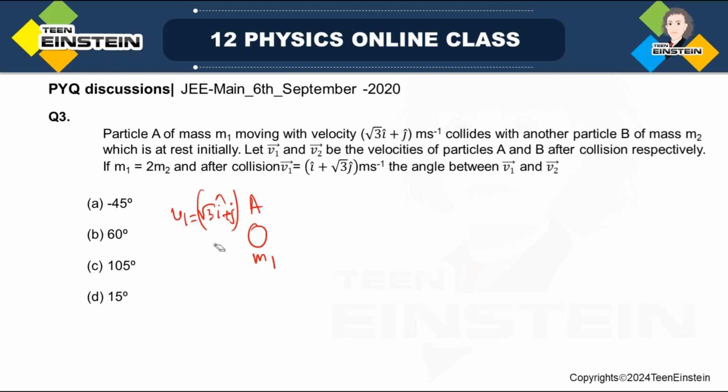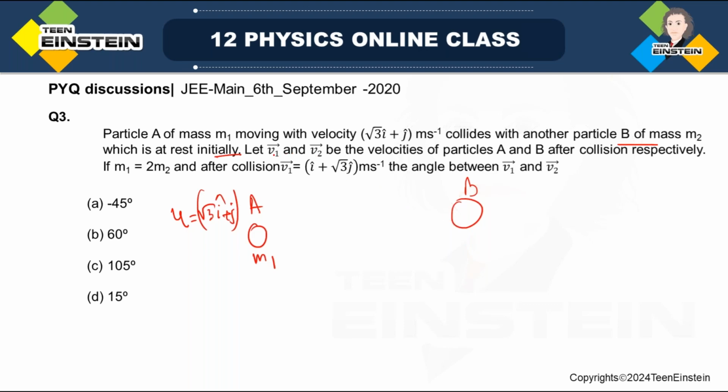I'm sorry, let us take this as u, because v1 v2 notations are coming. So a particle of mass m1 moving with velocity root 3 I cap plus j cap meter per second collides with another particle B of mass m2 which is at rest initially. So there is another mass B, it is at rest initially.